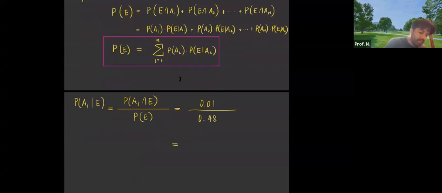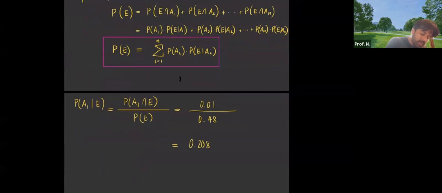So when you divide that, 0.01 over 0.48, you get 0.0208 with the 3 repeated. That's what you get for the probability of A1 given E. And I'll stop there with the homework problem because the rest of the problems are exactly alike.